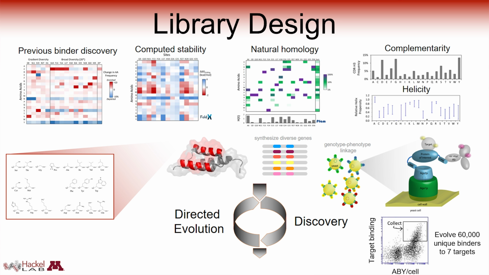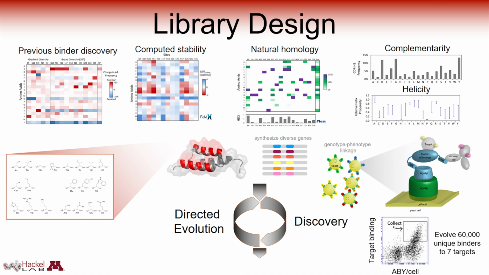What mutations has nature made to this protein successfully? We also asked, chemically speaking, what amino acids are better at binding to targets than others. And lastly, because this is a helical protein, we asked the question, which amino acids favor alpha helical secondary structure. And we put all of that together to make a predicted effective library, but then ultimately went into the lab to test how well did this actually work.